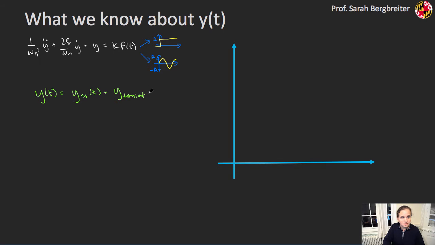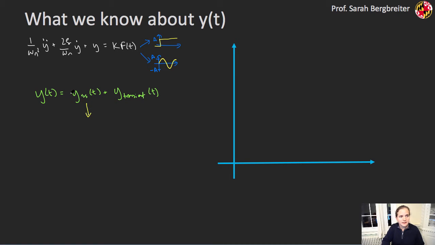And remember, in our first order system, that transient was just the decaying exponential, effectively. All right, and so our steady state is going to be similar to what we had in our first order system. Over time, it's going to die out, and I'm going to have this static response to my input.